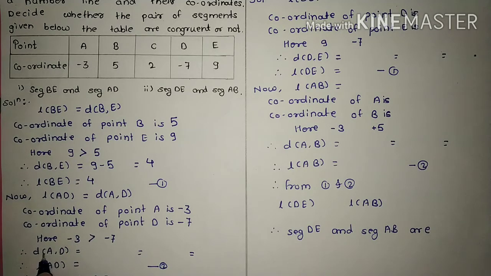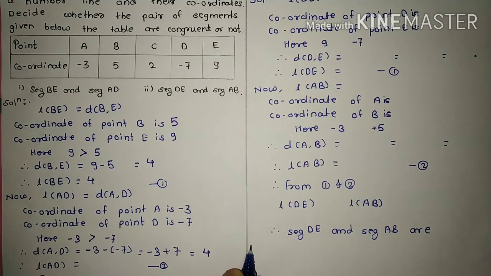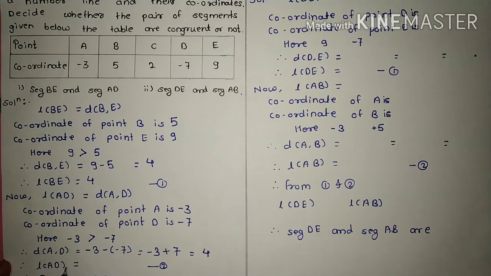Therefore distance between AD equal to -3 minus of -7, which is equal to -3 plus 7. -3 plus 7 is plus 4. Therefore length of AD is 4.